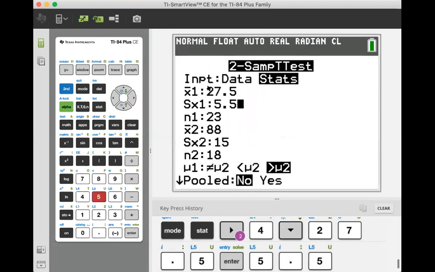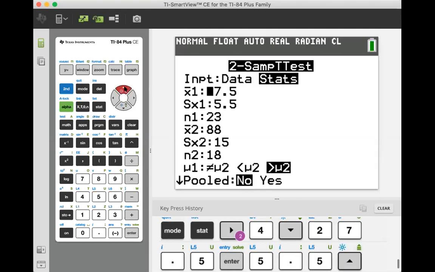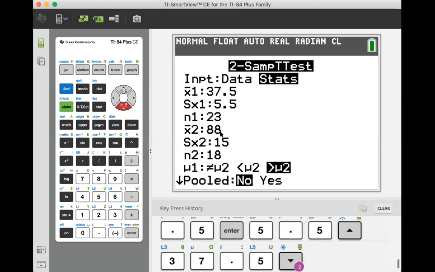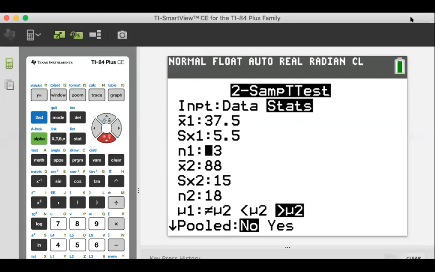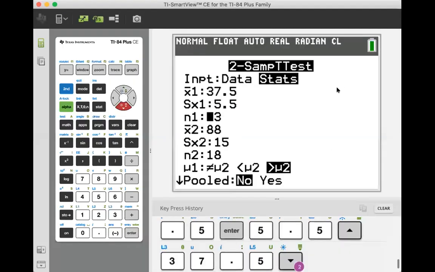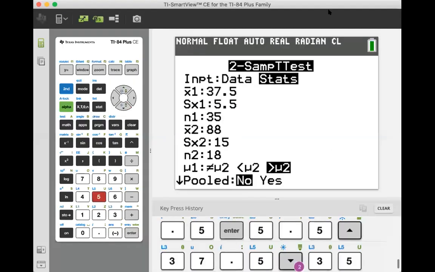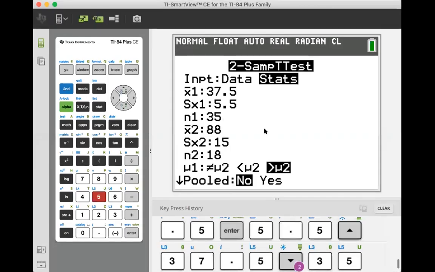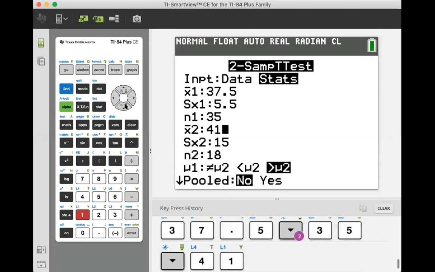I believe that was 37.5, 5.5 and, no, 35, sorry. And the second one was 41.282, and 35 as well.